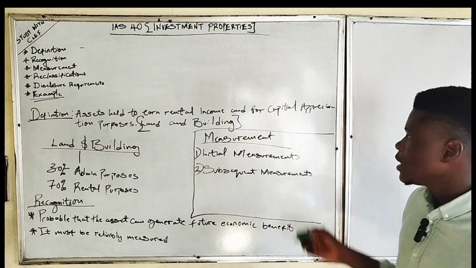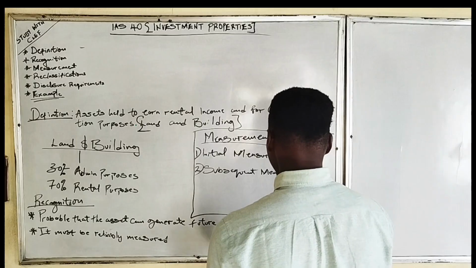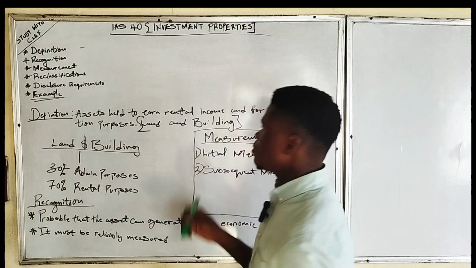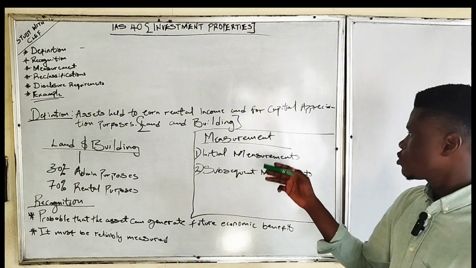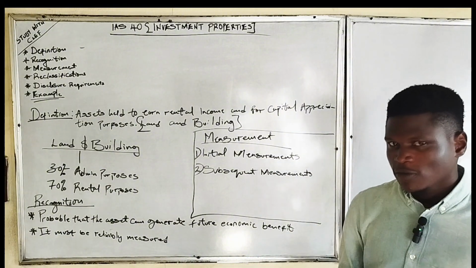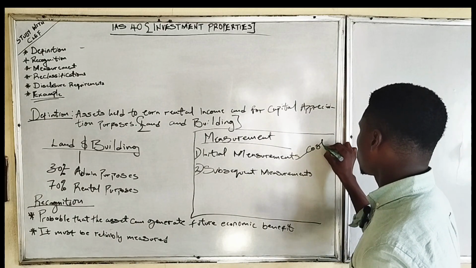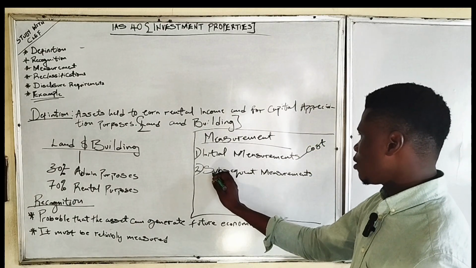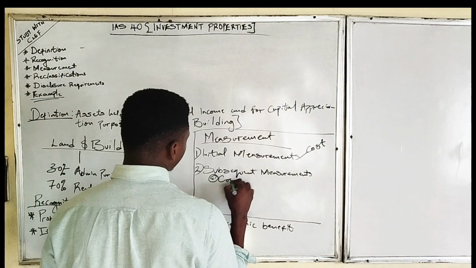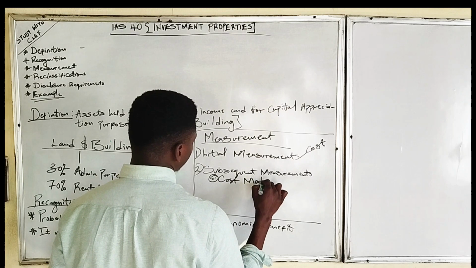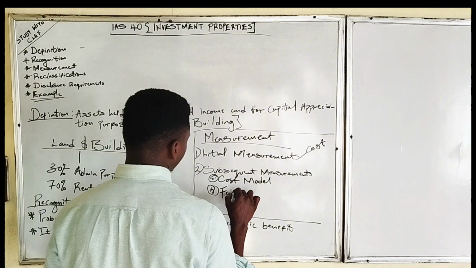Initial measurement, just like IAS 16, is to be measured at cost. So investment property initially should be measured at cost, while subsequent measurement is divided into two, which can either be the cost model, just like that of IAS 16, and secondly, the fair value model.